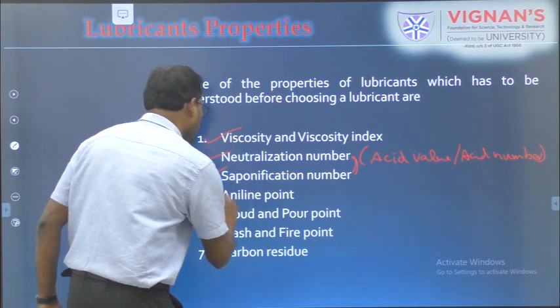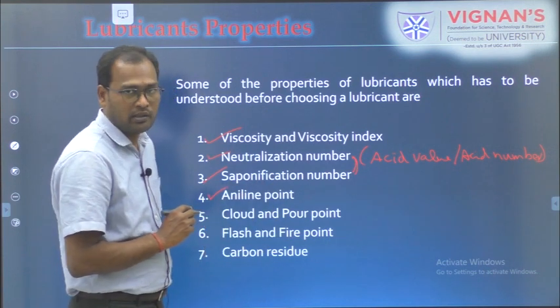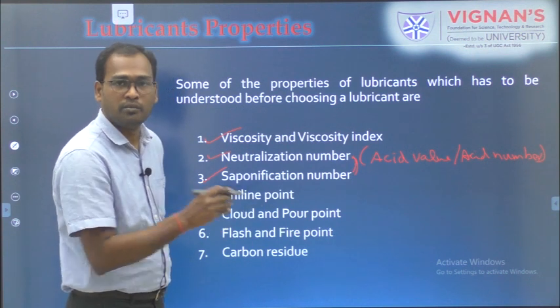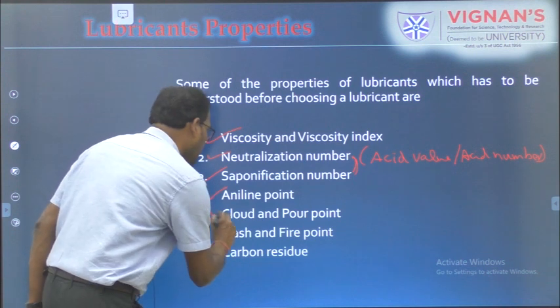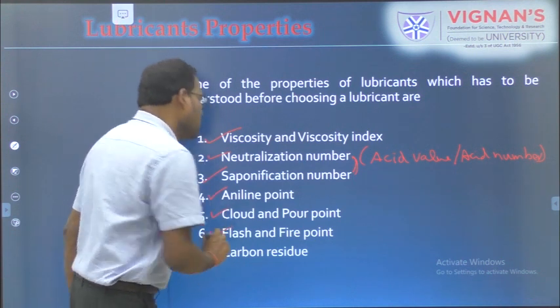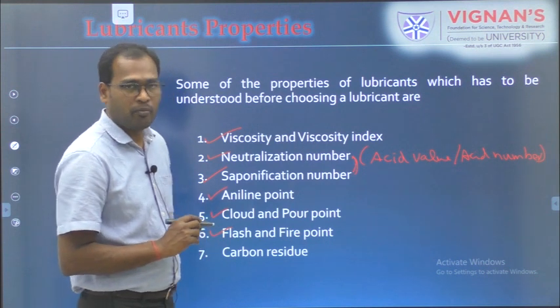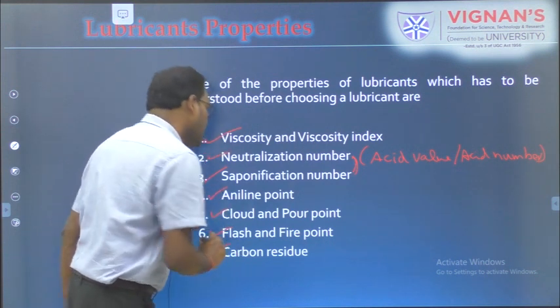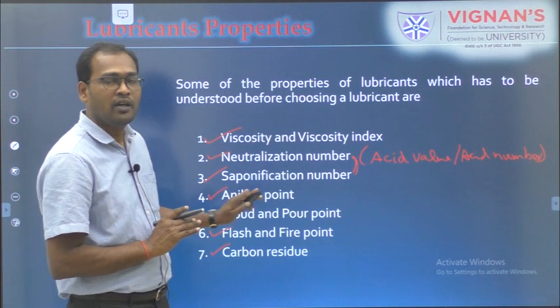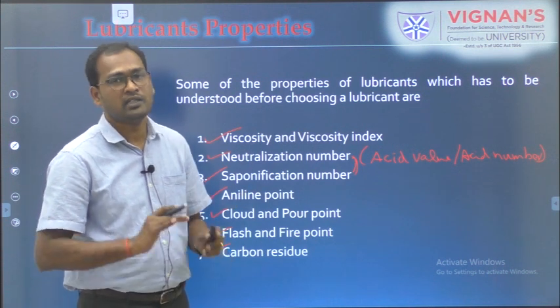Then we will see aniline point, based on the temperature to which the system is subjected, and cloud and pour point. Then flash and fire point, and the last one is carbon residue. These are the properties we will be covering in today's class.